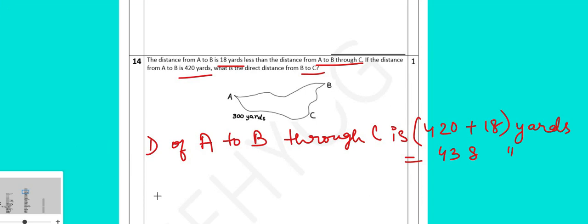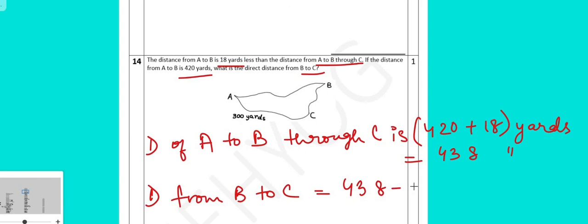So now the distance from B to C is equal to 438 minus 300, that is 138 yards. So the answer to this question, what is the direct distance from B to C? It is 138 yards. So this is our answer for question number 14 right here.